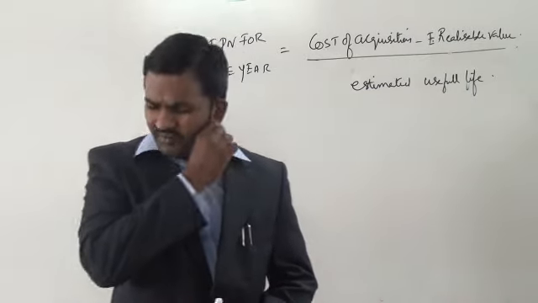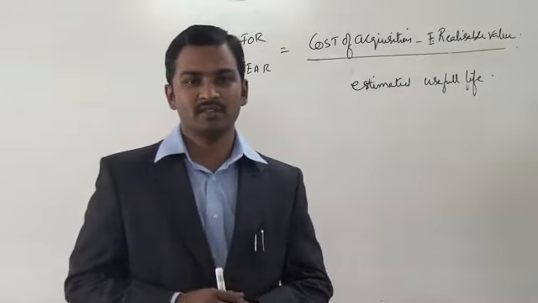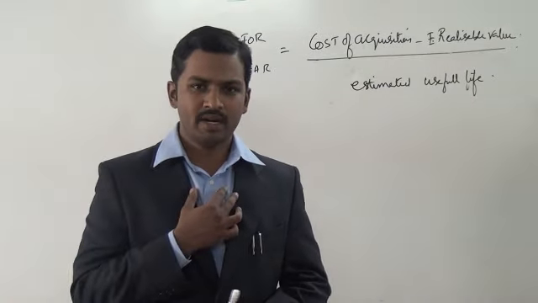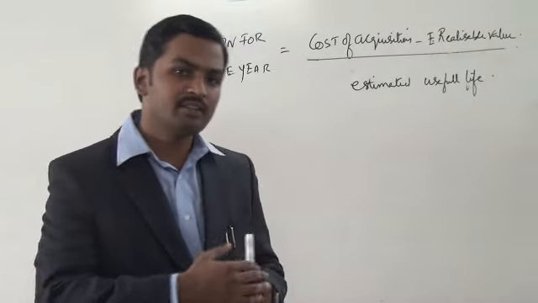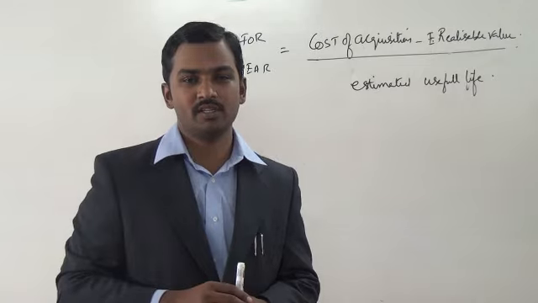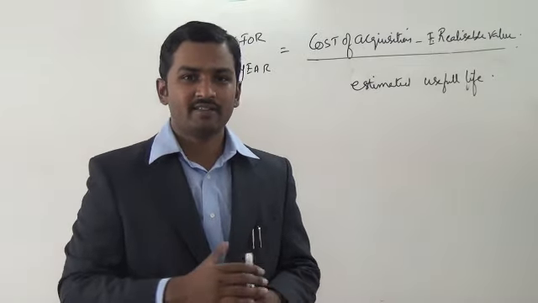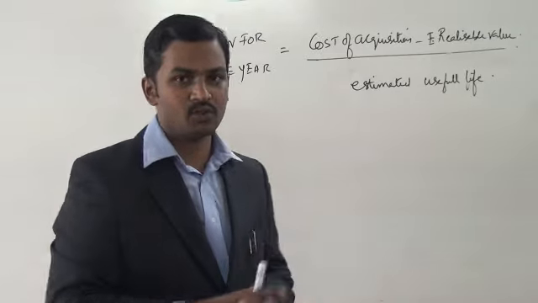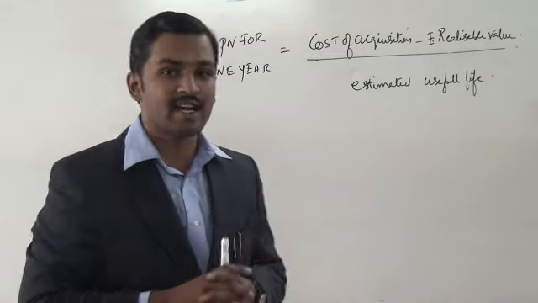Now what do you mean by estimated realizable value? See, the management knows by experience that when you purchase a machinery, this machinery will give me life for the next 10 years, based on their past experience. They also know that when the machinery becomes useless after the end of its useful life, it can be sold as scrap.